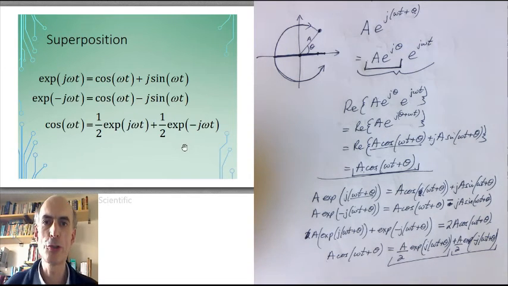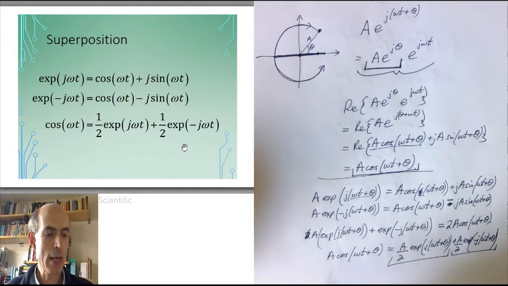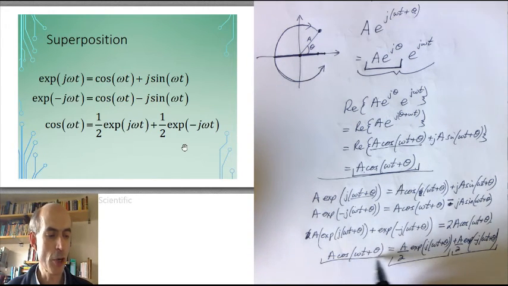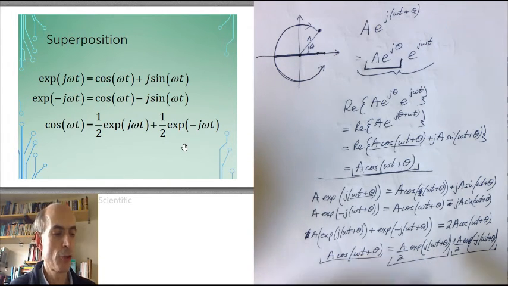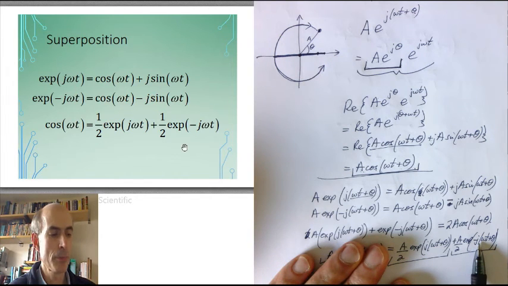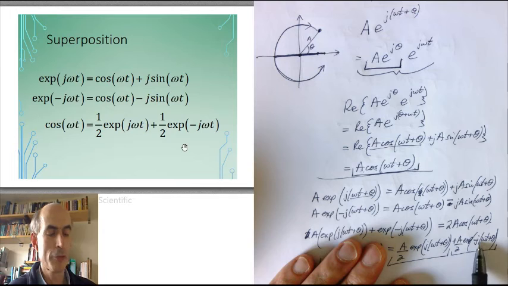And we know how to solve circuits if we can assume that the voltages and the currents are sinusoidal oscillations. So all we'd have to do to solve a circuit, if the voltage source was a real cosine wave like this, is to separate that cosine wave into two sinusoidal oscillations, one with a frequency of omega and one with a frequency of minus omega.